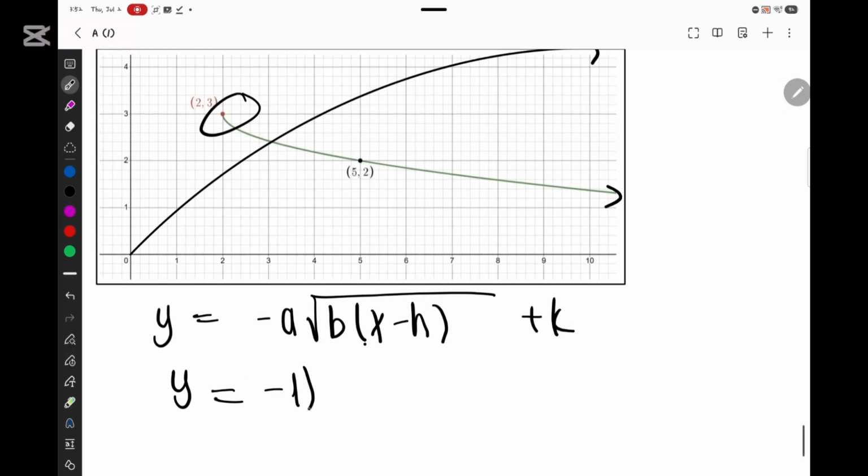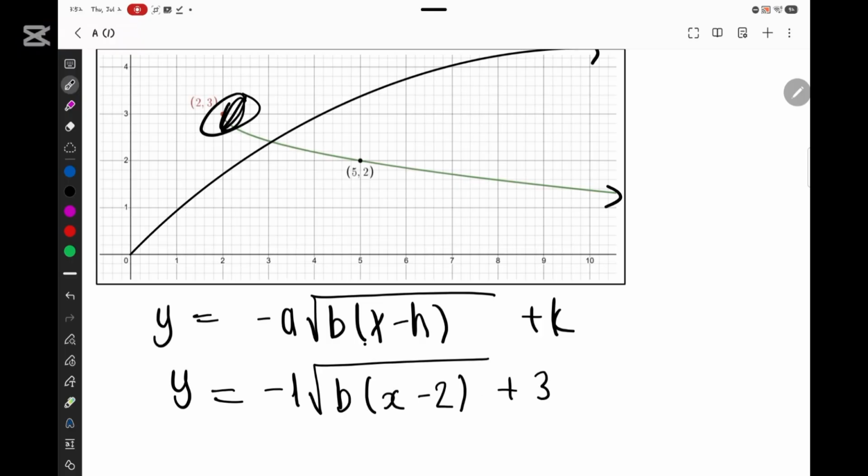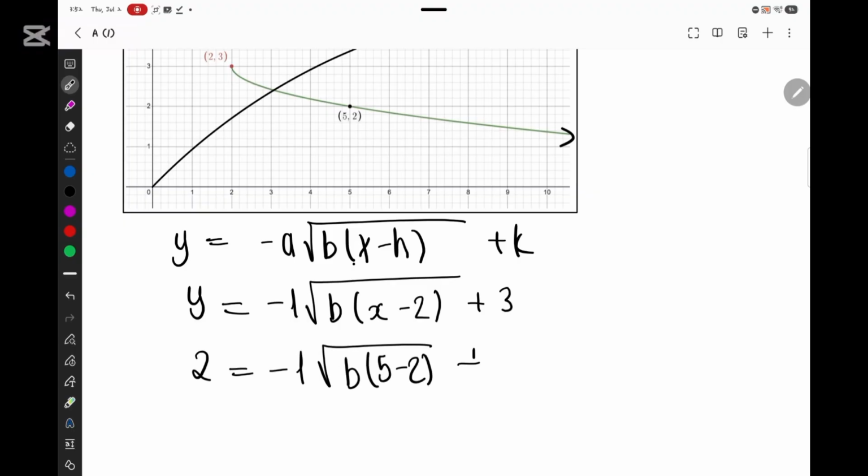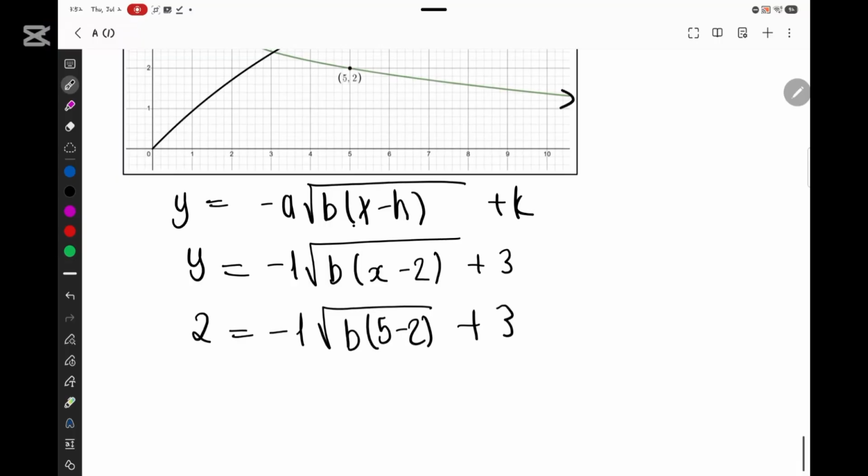So if a is -1, we also have h and k, which is 2 and 3, obviously, because that's the vertex where it starts. Okay, and then now you plug in 2 and 5 to solve for b. So that's going to be -1, 3.